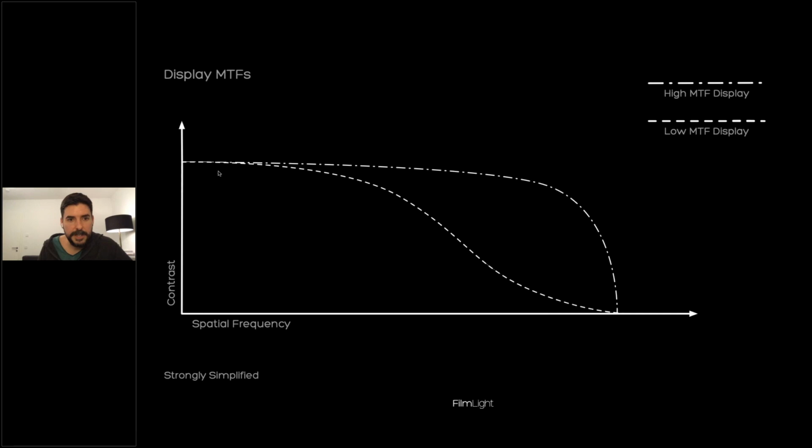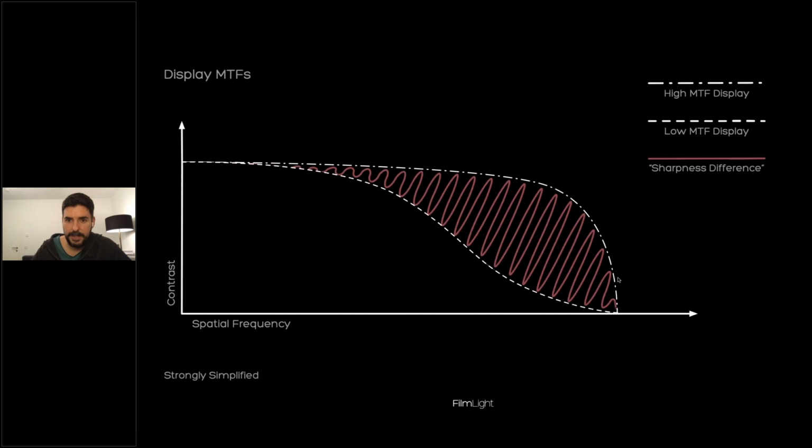So if we master an image on a DCI projector, and then we take that image and present it in a cinema on an LED wall, we will see that it looks much sharper and much crisper. And this is because of the different MTF of the display. So we have a really large sharpness difference here. That's basically the difference of the two areas here.